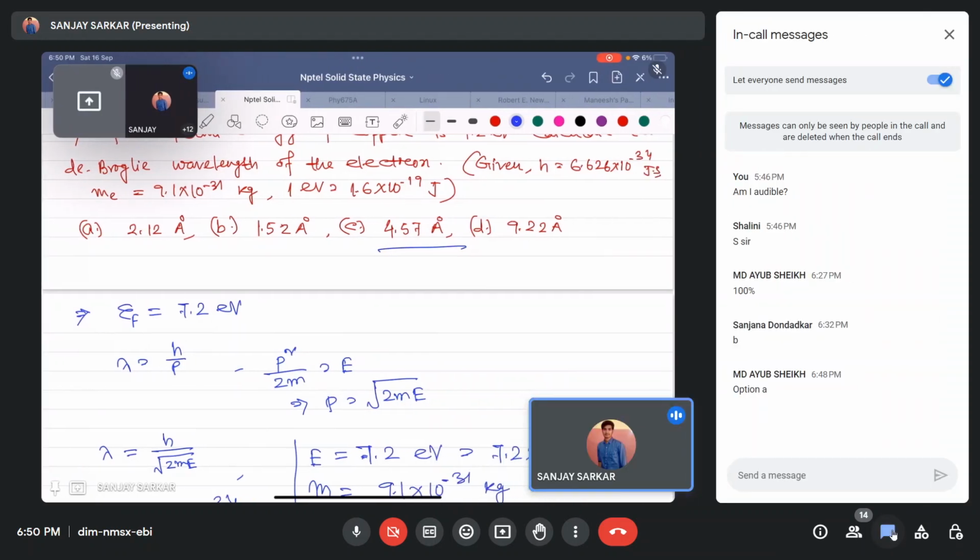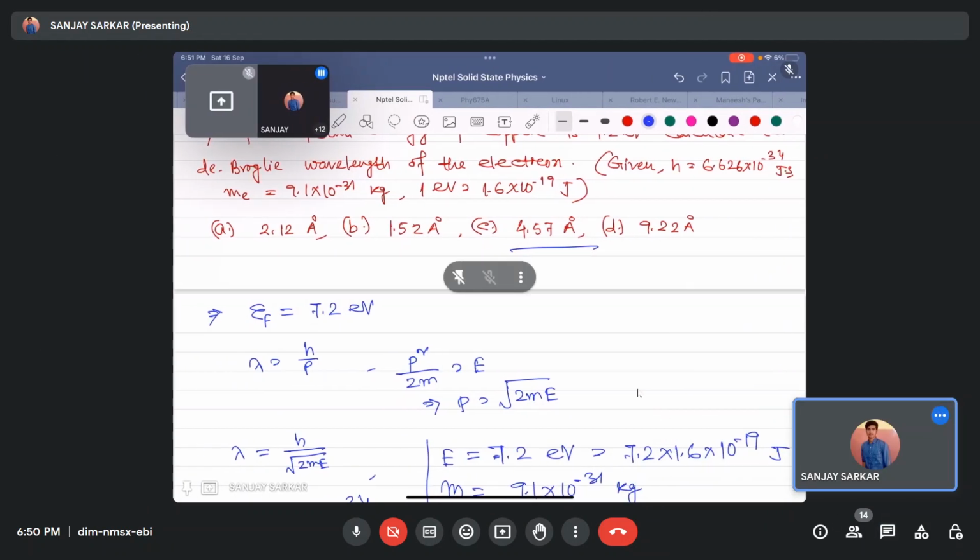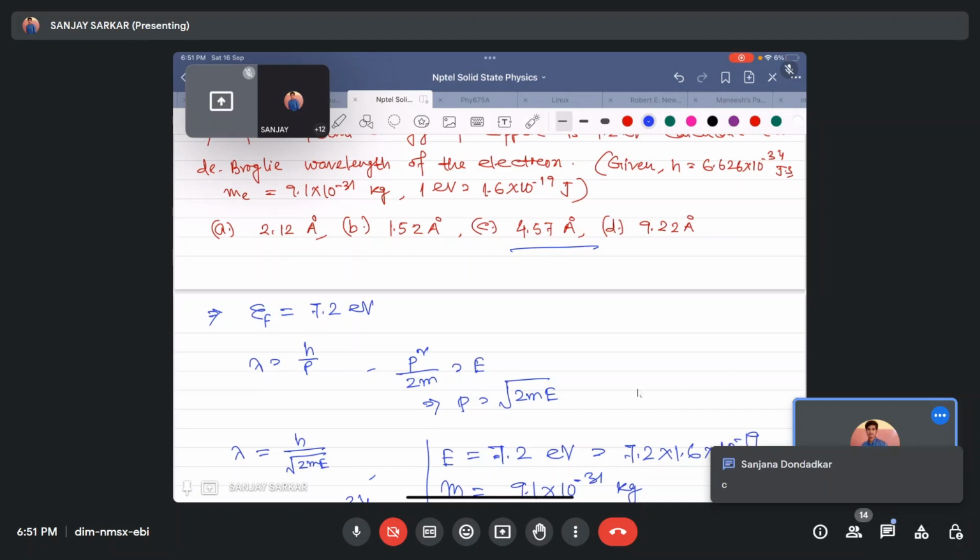Someone has said option A, but I think option C is correct. What about others? Did anyone else calculate? Yeah, so option C is correct.